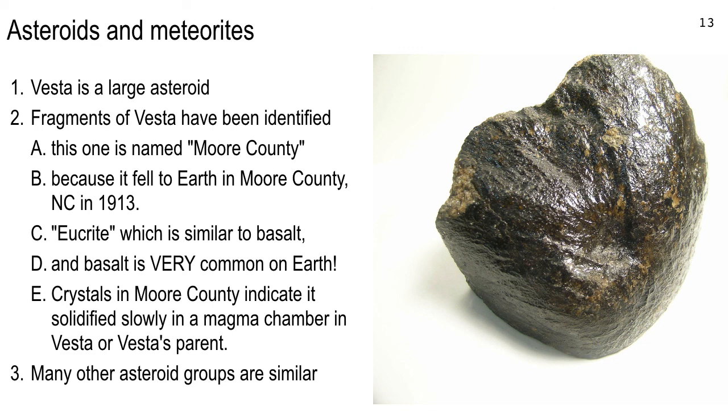And this fragment orbited in the solar system for a few million years, and then eventually came and fell to Earth. And it's called Moore County because it fell in Moore County, North Carolina, back in 1913.